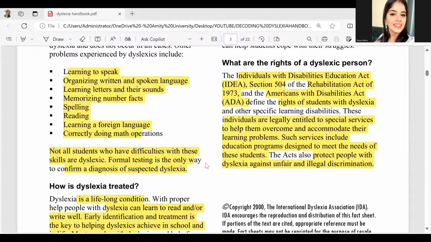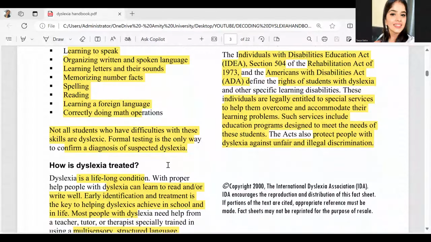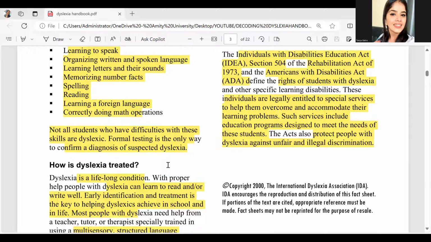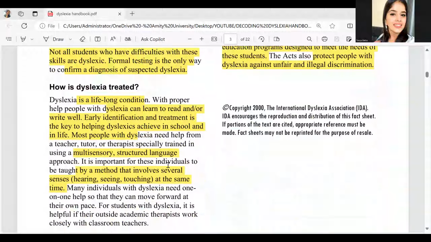So if you are observing all of these characteristics, it's not certain that the child has dyslexia. We also have to see the consistency, and the number of characteristics being observed in children facing these learning problems. Formal diagnosis is very important to confirm suspected dyslexia.